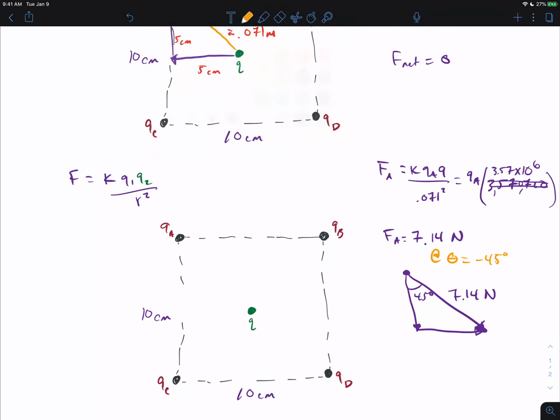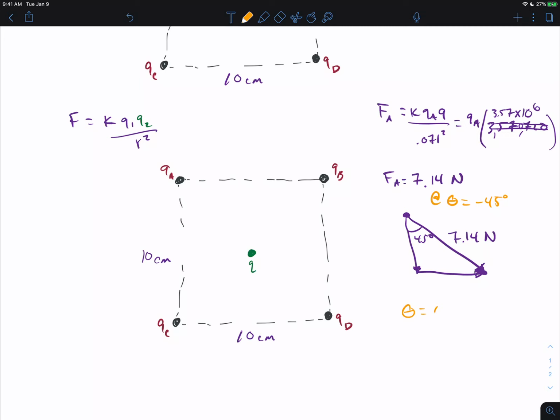So when we do this, we can use our formula. I need to use my hypotenuse here, so we're going to use sine and cosine. Sine of 45 degrees is equal to my opposite, which is my y, over 7.14.